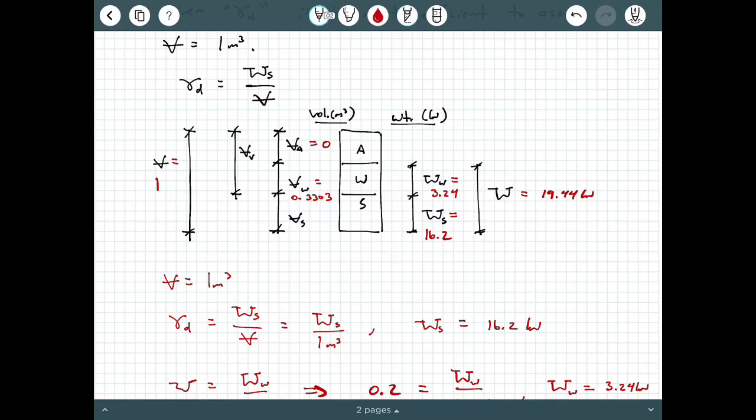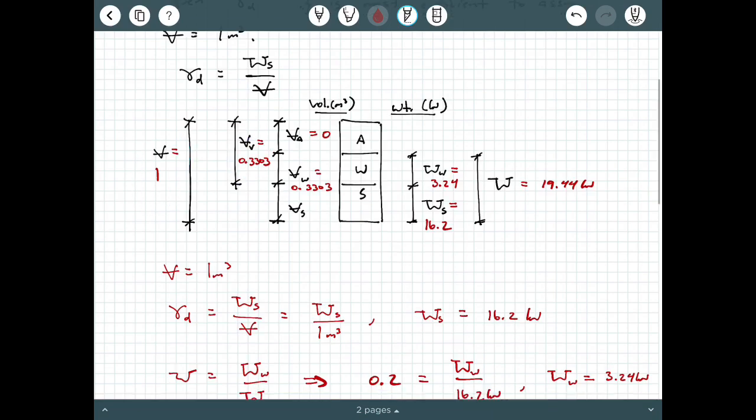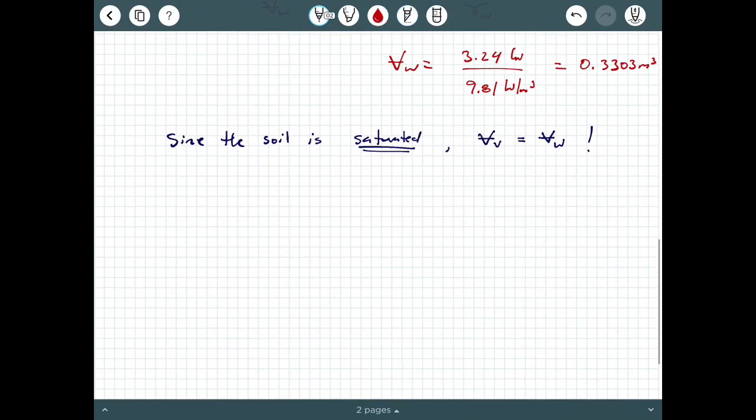So now what we can do is we can say the volume of voids also equals 0.3303, okay? Now that we have recognized that, can we calculate the volume of soil solids? Yes, absolutely. It's total volume minus volume of voids, right? So we're going to say volume of soil solids is total volume minus volume of voids.